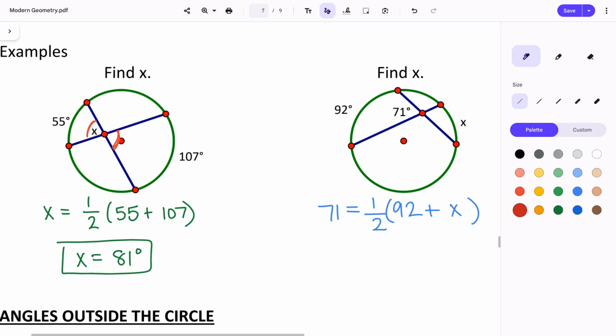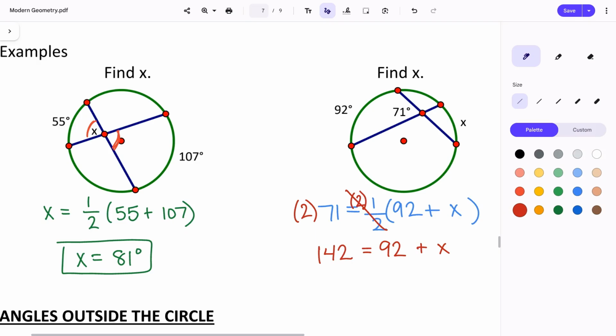Is there another way besides dividing by a half that I could get rid of it? Take it times 2. If I take this side times 2 and this side times 2, that'll get those halves to cancel because they're reciprocals. And then I'm just multiplying over here, 2 times 71, which would be 142. And then I just have over here 92 plus X.